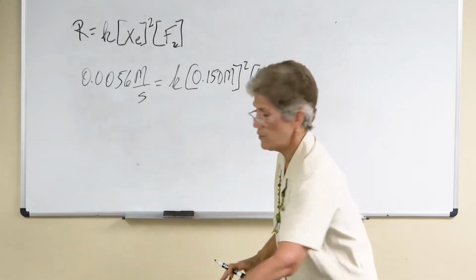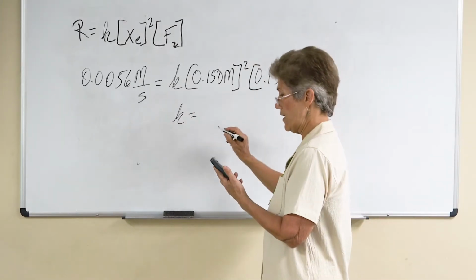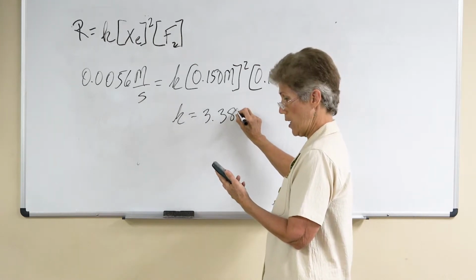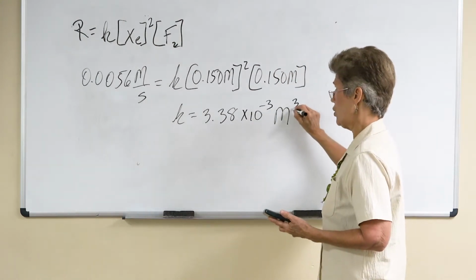There we go. So this is k equals, 3 significant figures, and this would be molar cubed.